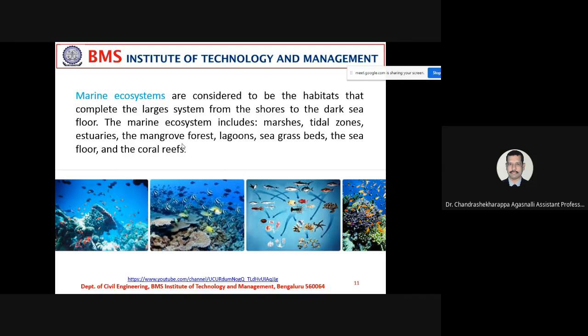The marine ecosystem includes the fishes, marshes, tidal zones, seagrass beds, sea floors, and coral reefs. That is another world actually. It's like another world for aquatic animals, fishes, coral reefs, right?